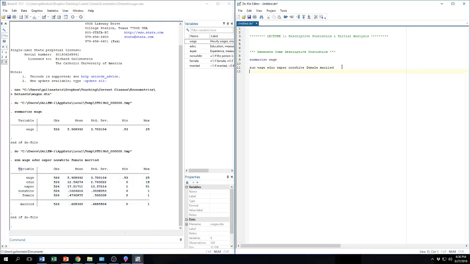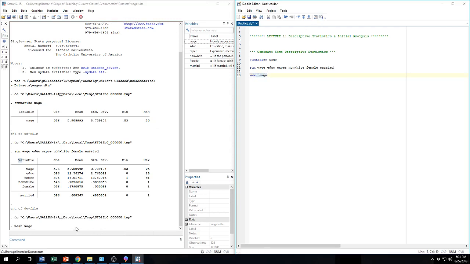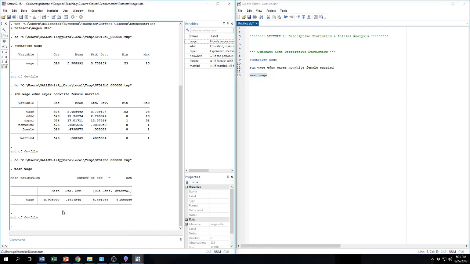Now, let's do another way of generating a descriptive statistic. We can also do mean. Mean will give us just a little bit of different information. Let's do mean wage. Let's run that code. Okay. Now what this does is it gives me, again, the average wage, but now it reports to me the standard error.